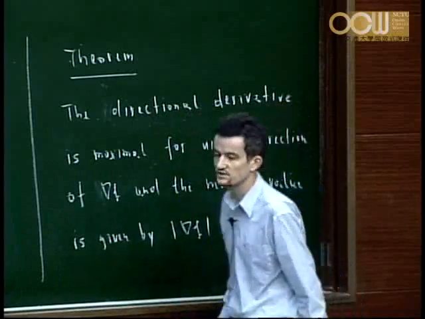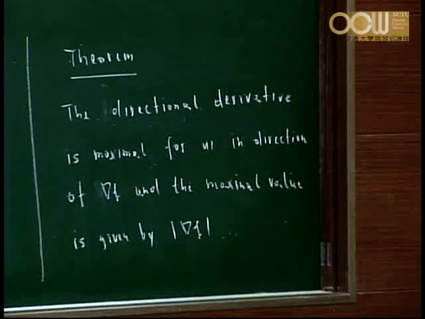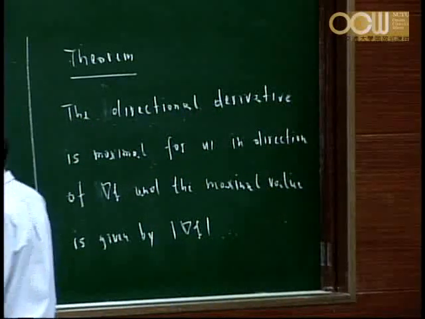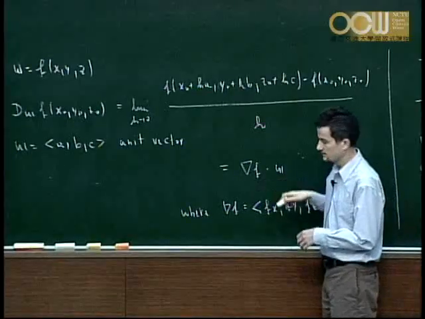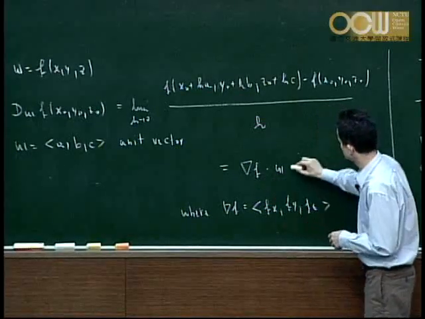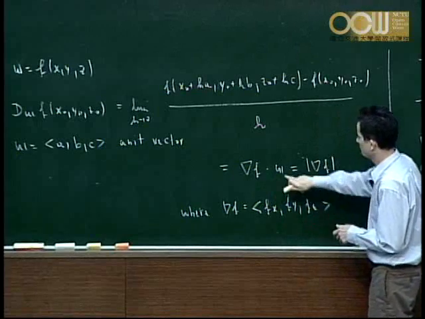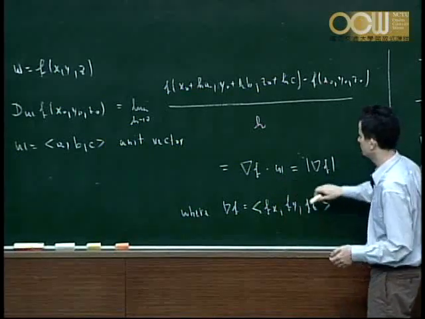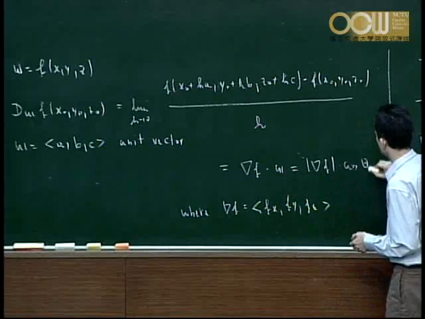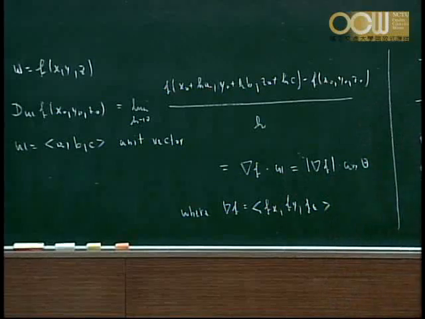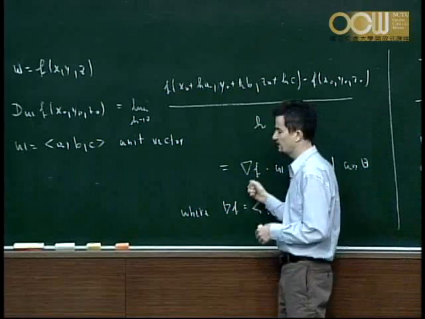Now, this is almost trivial, because by the definition of the inner product, this is equal to the length of the gradient of f times the length of u, but it's a unit vector, so 1, times the cosine of the angle between u and the gradient.